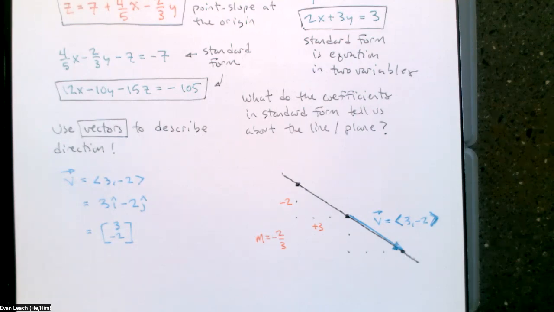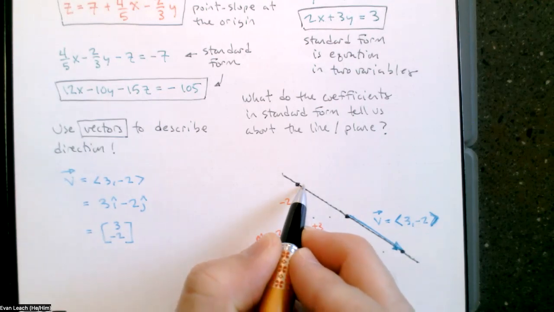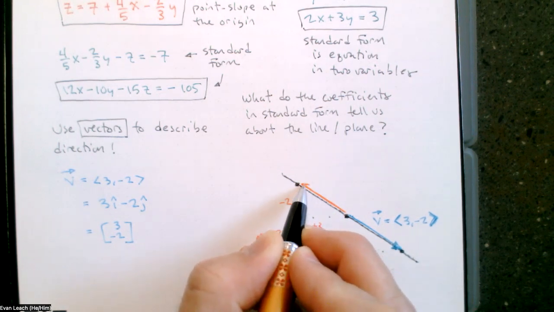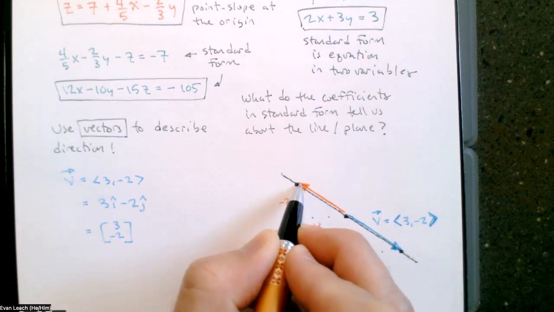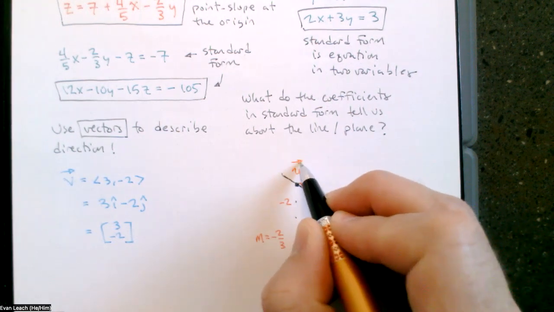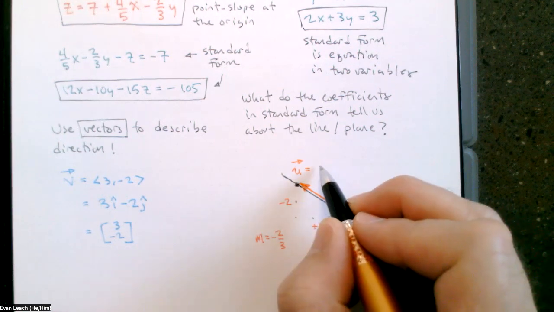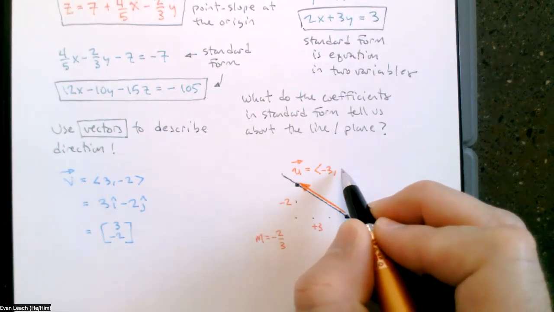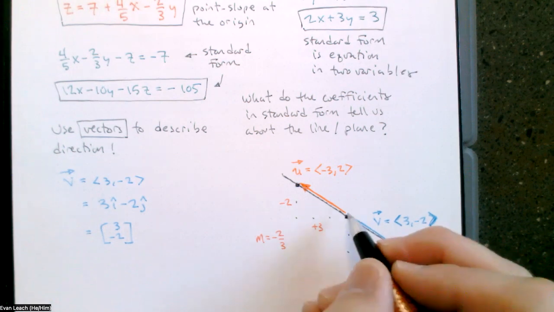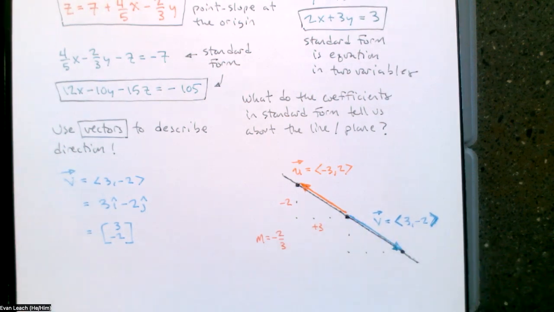So it's also possible to describe this same line with a vector going in exactly the opposite direction, in which case we're going a -3, but now a +2. -2 divided by 3 is the same as 2 divided by -3.